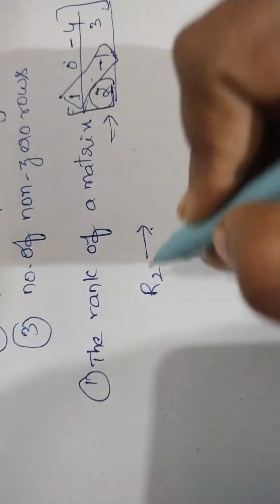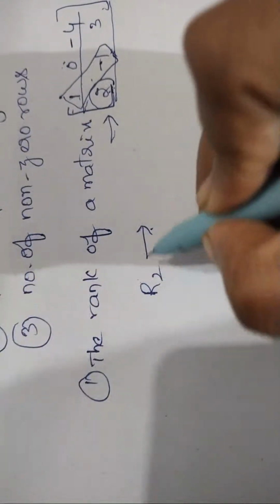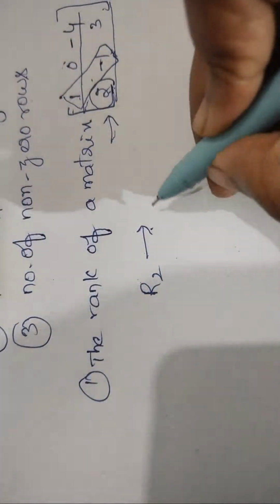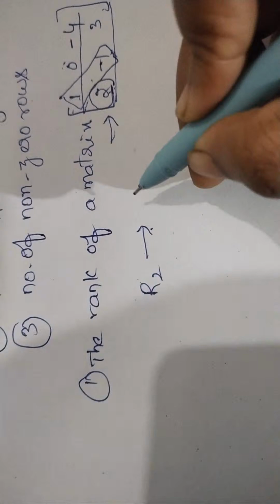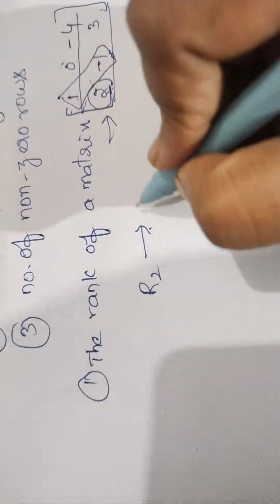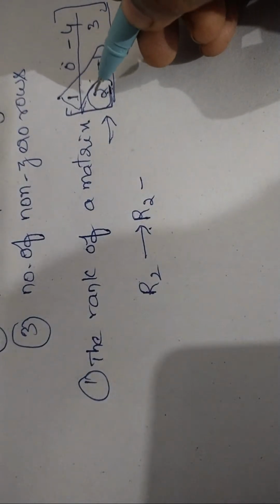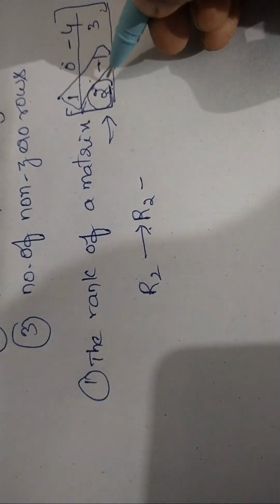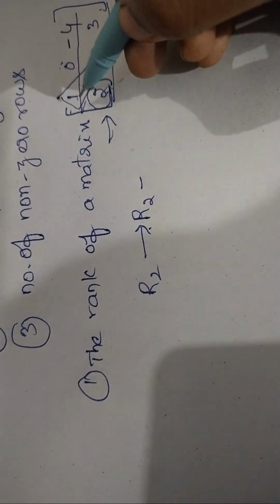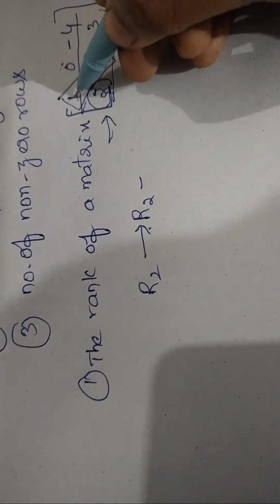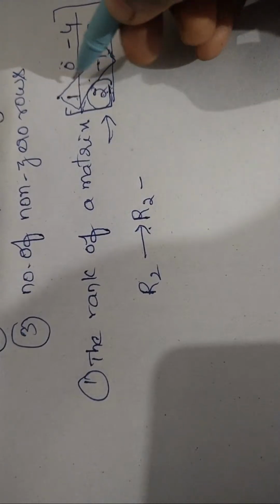R2 tends to means that the operation is performed in the second row. R2 minus, here I want to make this 2 as 0. If it were 2 in R1, I could directly subtract 2 minus 2.